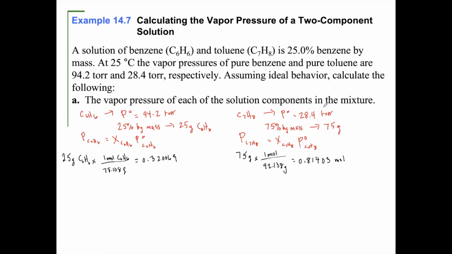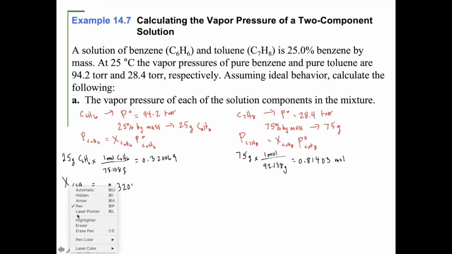Okay. Remember, we only need to find the mole fraction of one of these, and the other one will just be 1 minus that mole fraction. So we might as well do the mole fraction of benzene. So we're taking the moles of benzene.